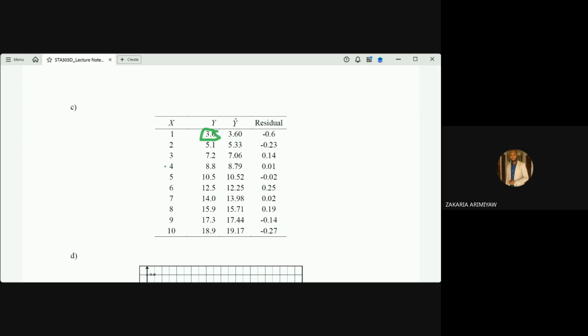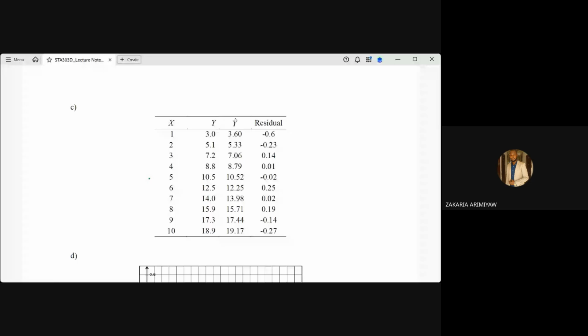The residual will be positive if the predicted y value is smaller than the actual y value. So that is what we are required to do in this particular part. We have determined the residuals.